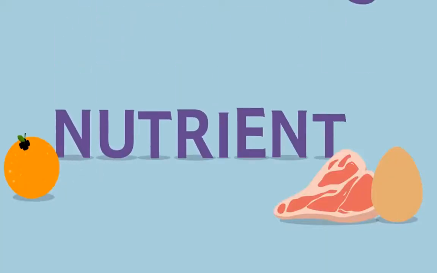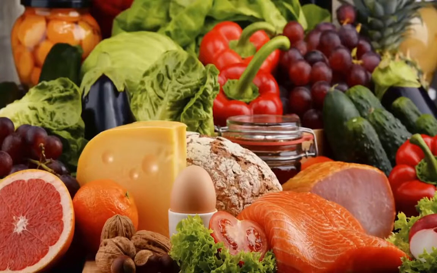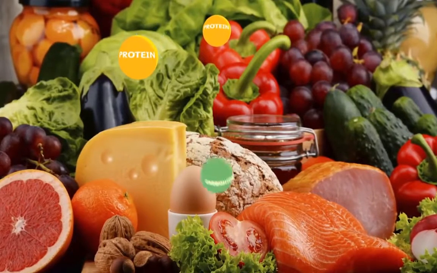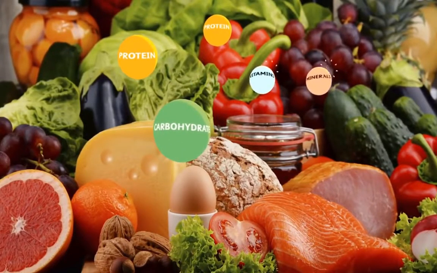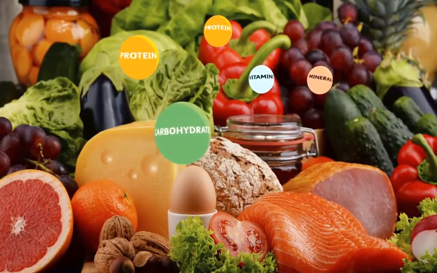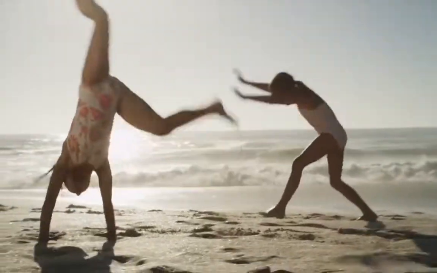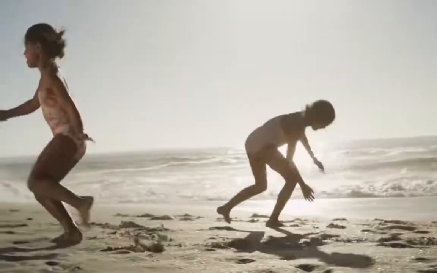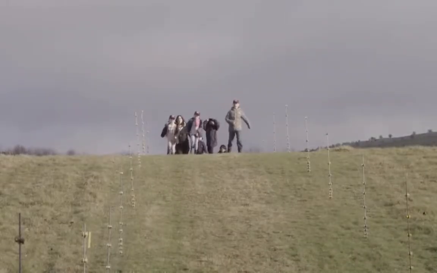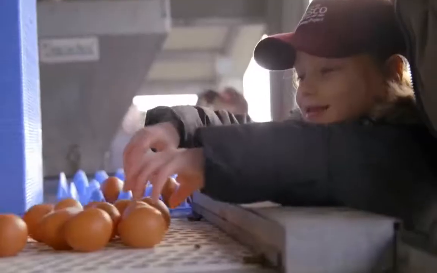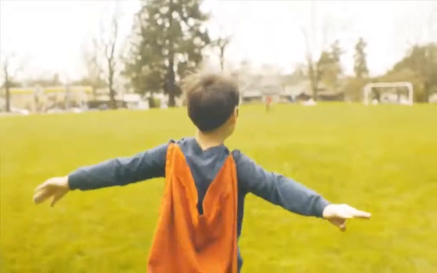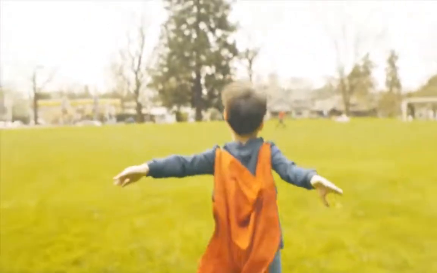We'll be learning all about nutrients, such as proteins, carbohydrates, vitamins and minerals. Eating a healthy diet means that the food we eat gives our bodies all of the nutrients they need to work properly, as well as giving us lots of energy to learn, play and grow, keeping us full of beans.